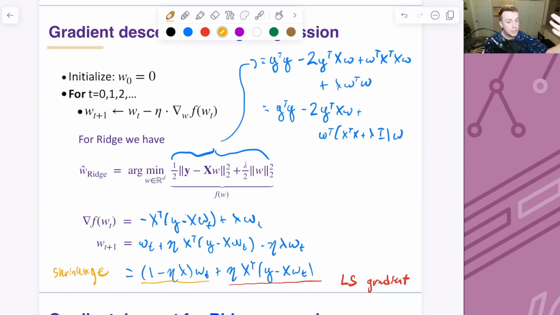If lambda is larger, that's going to make the values of w_t even smaller. So we're taking a step in both of these directions combined. The first one moves us in the direction that minimizes least squares, while the other moves us in a direction that minimizes the norm of w_t, so that it gets towards 0. Different choices of lambda will control how much we step in one direction or the other.